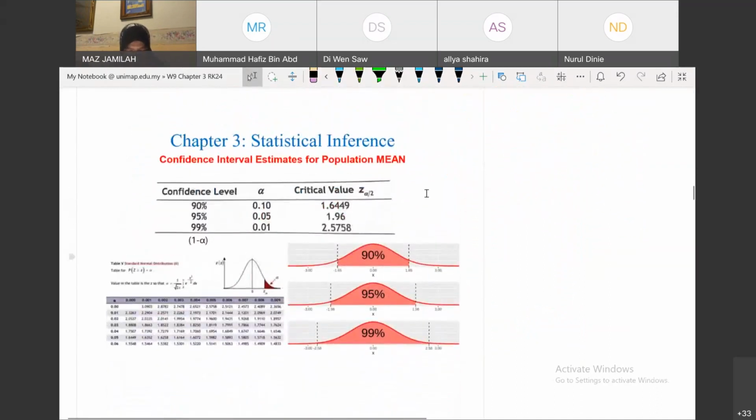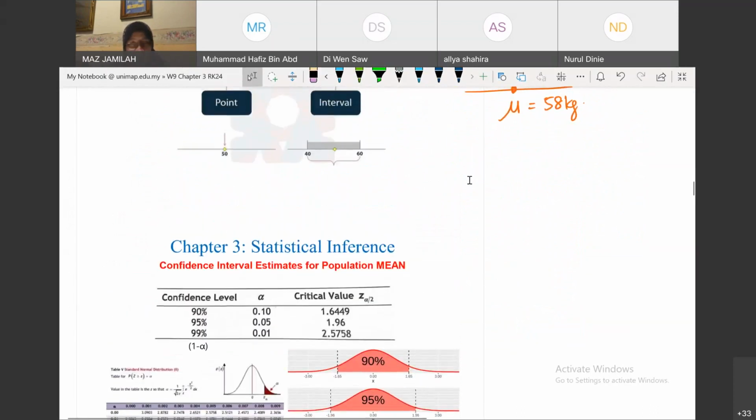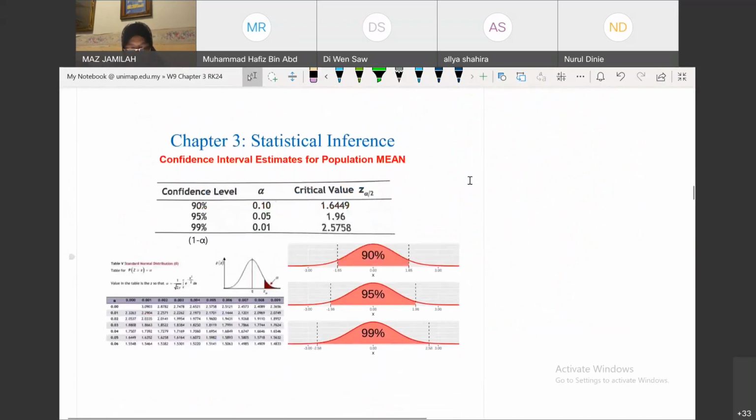Now, what are the things you should know under the interval estimate? Just now I mentioned how confident we are with our interval estimate. What will be the level of confidence when we do the estimation?